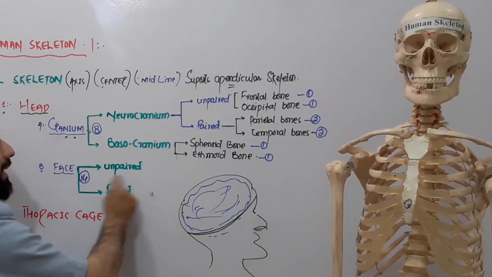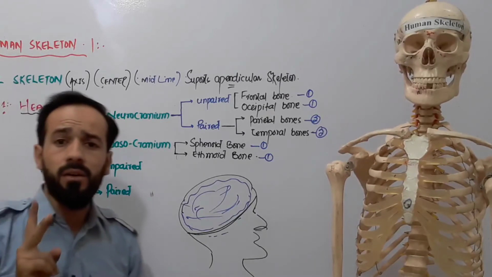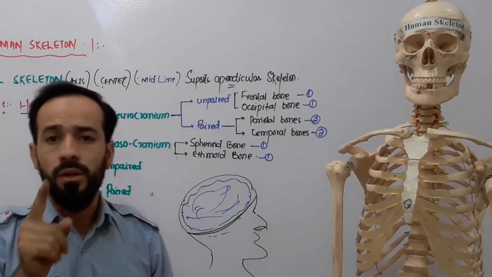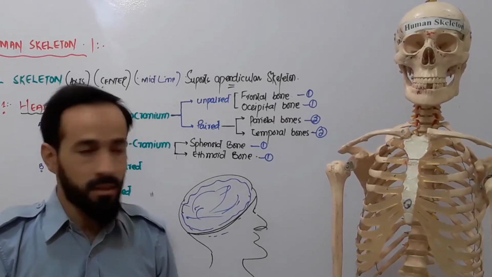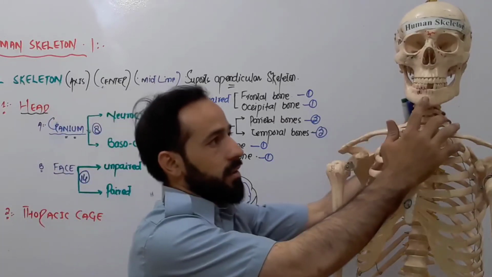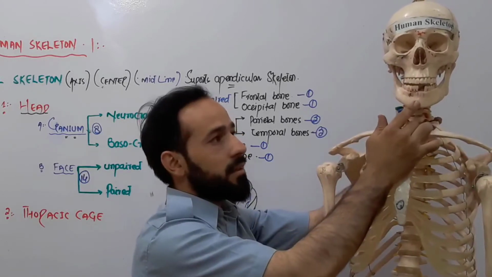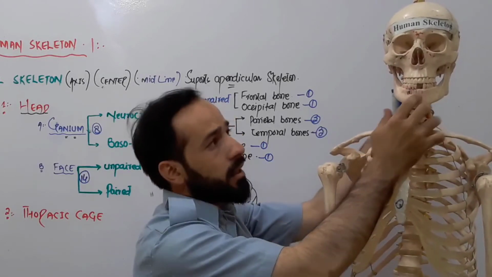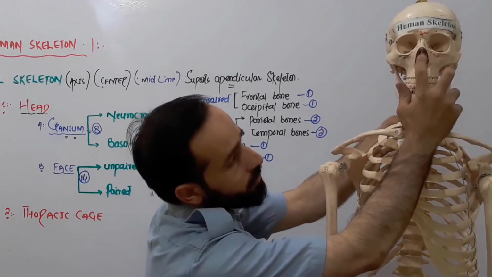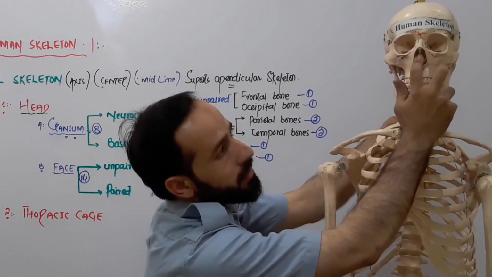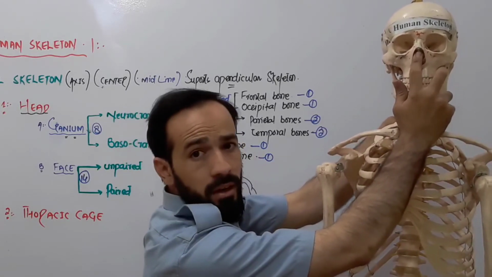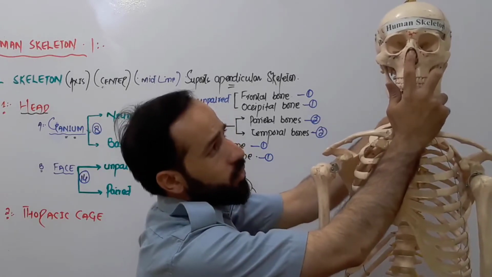First of all, what are the unpaired bones? There are only 2 unpaired bones in your face, right? The first one is this one, you can see this is the mandible bone. And the second one, which makes the nasal septum, is called the vomer bone.